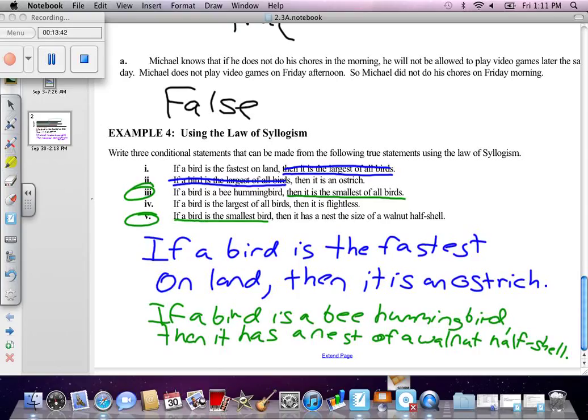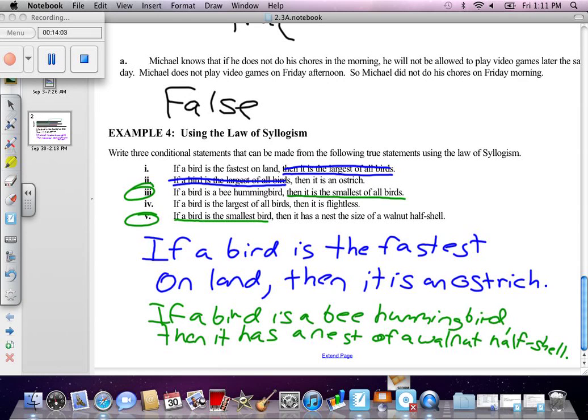Does this make sense? Yes, ma'am. So you just took out those two and put the other two together. Yep. If your conclusion and your hypothesis are the same, then you can remove them and have a new hypothesis and conclusion.